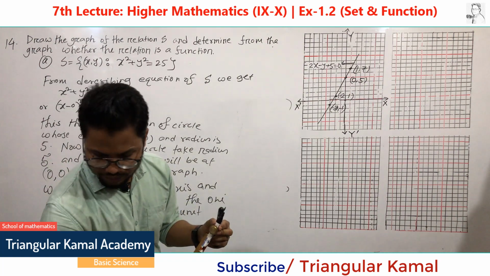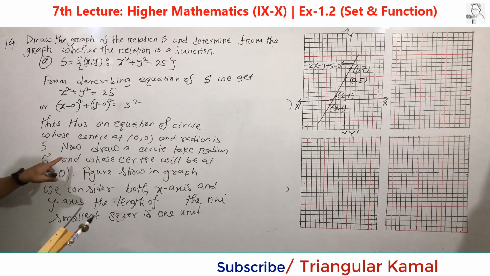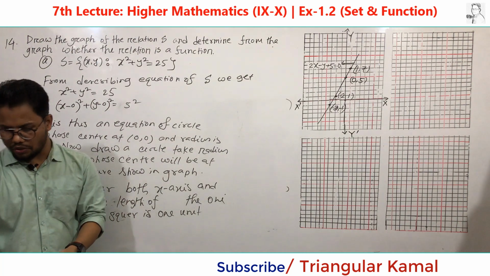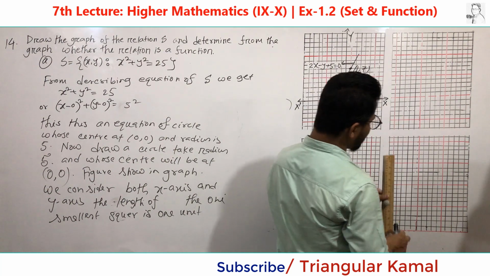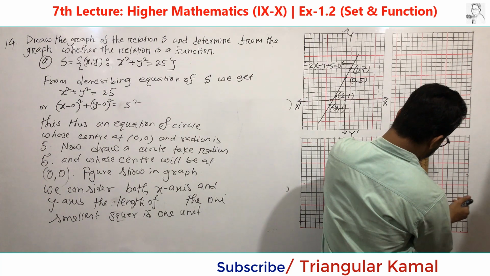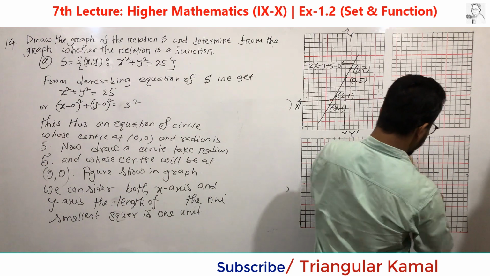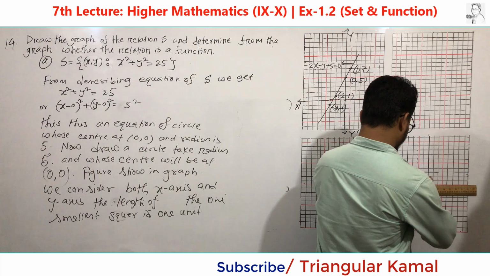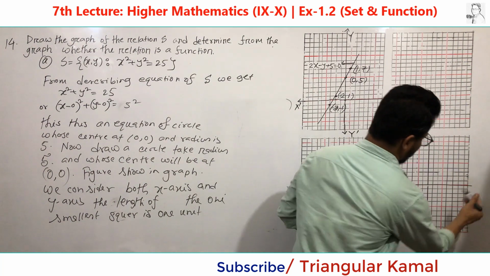Okay, dear students, now draw the graph as per the description, considering (0, 0). So first of all you have to find the x-axis and y-axis. We will draw this figure, and considering this line as the y-axis and this one as the x-axis.